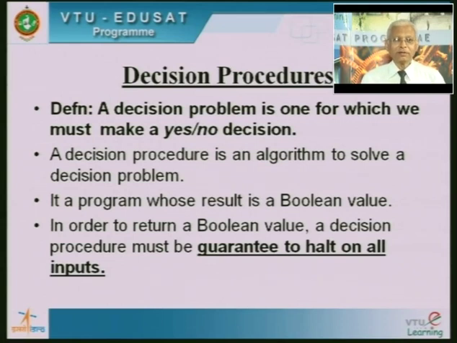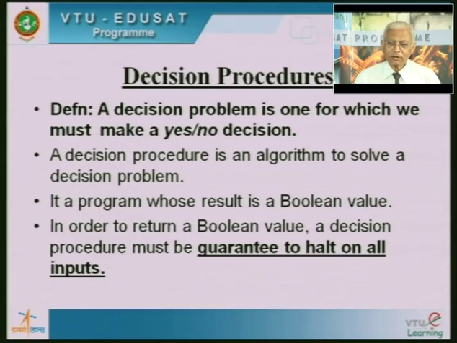The tabulation should be over meaningfully within a month or 15 days, but suppose it takes 6 months, then that kind of program is useless, because we require results within 15 days or a month. So, the problem is not just that it should halt, but also that it should halt within a meaningful time, very important. So, one of the very important characteristics is this one, it should halt.